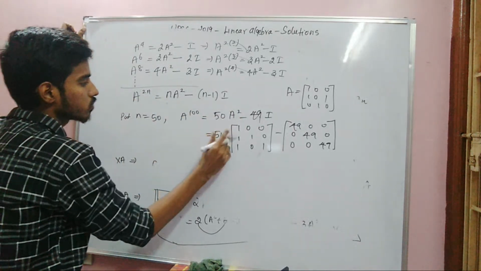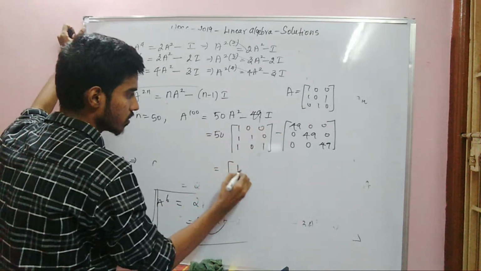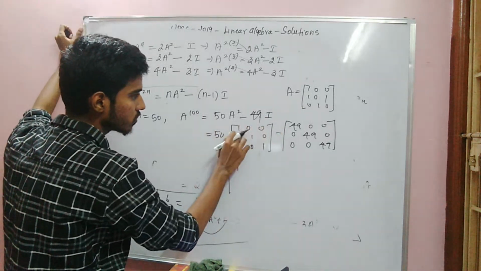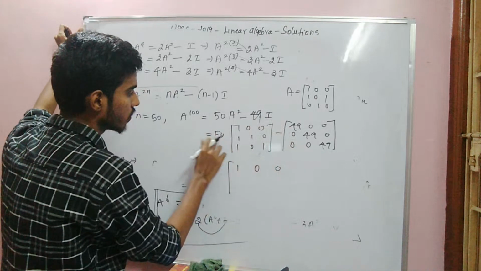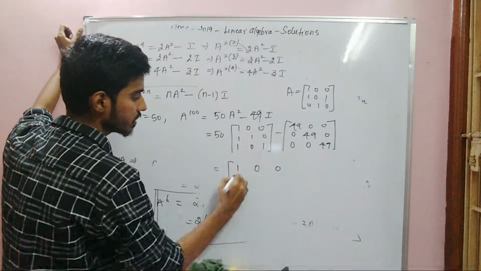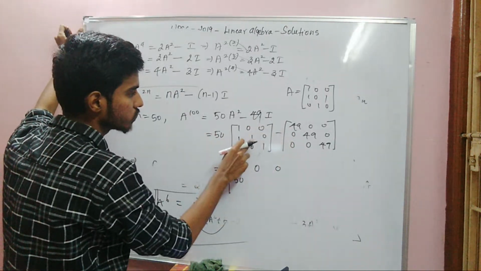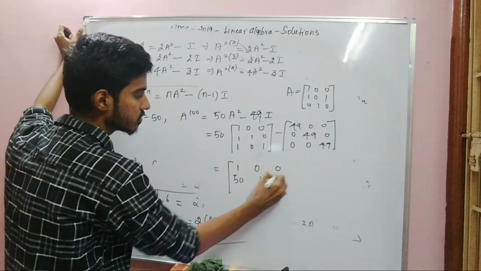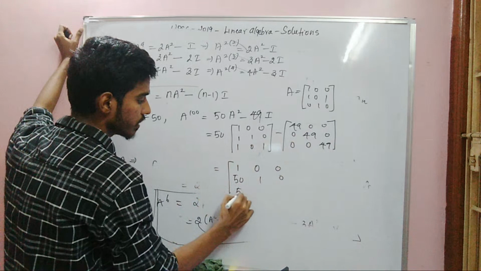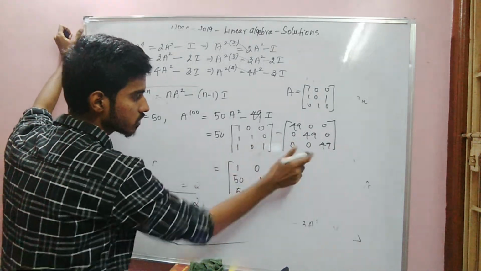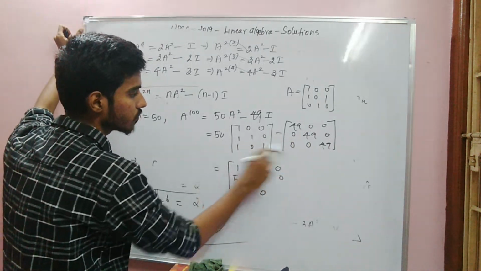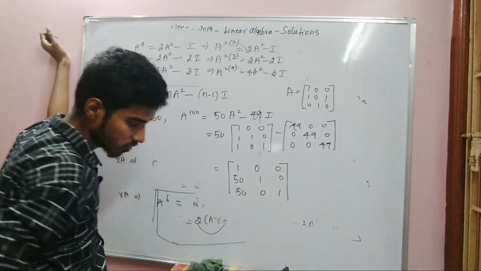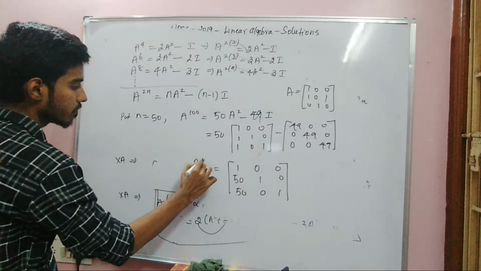So 50 minus 49 is 1. 50 into 0 is 0, 0 minus 0 is 0. 50 into 1 is 50, 50 minus 0 is 50. 50 into 1 is 50, 50 minus 49 is 1. 50 into 0 is 0, 0 minus 0 is 0. 50 minus 0 is 50 again. 50 into 0 is 0, 0 minus 0 is 0. 50 into 1 is 50, 50 minus 49 is 1. So this is our A power 100 matrix.